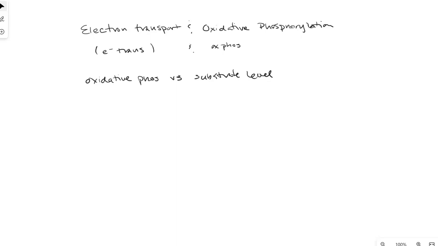Electrons stored in the form of reduced coenzymes, NADH or FADH2, are passed through an elaborate chain of highly organized proteins and coenzymes called electron transport chain, where they finally reach molecular oxygen, which is your terminal electron receptor.